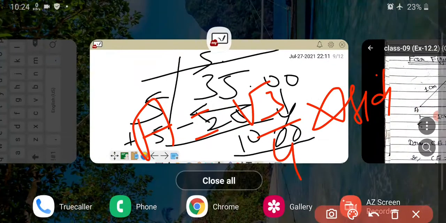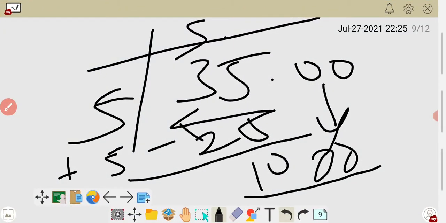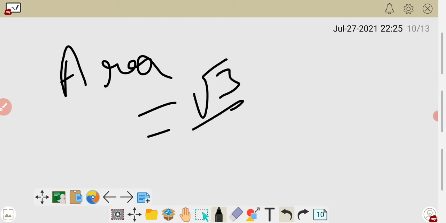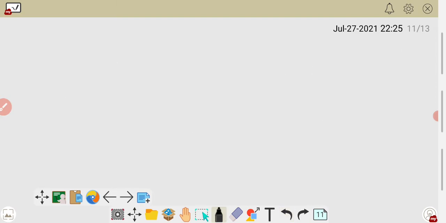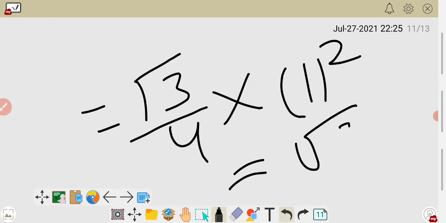Just see, area of equilateral triangle is equal to under root 3 by 4 into side square. If you know that formula, you can apply that one also. So it becomes under root 3 by 4, and the side is 1, that is 1 square.